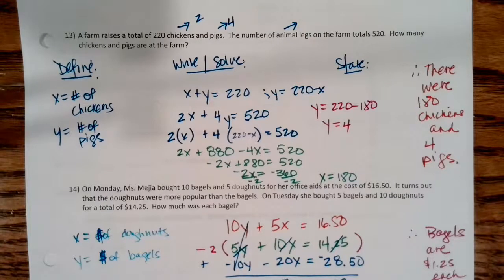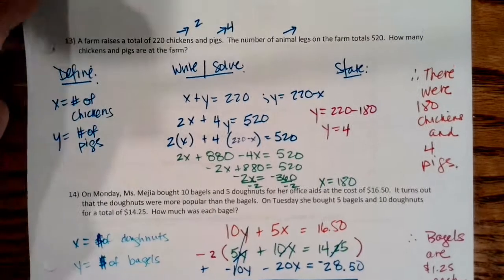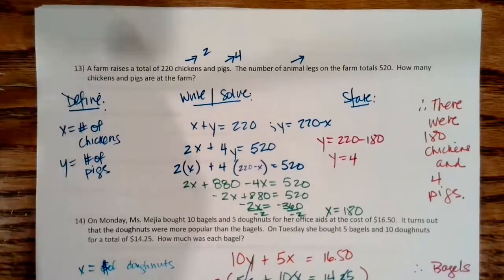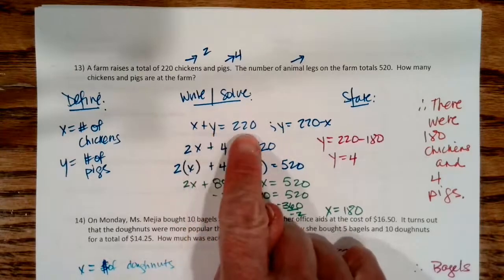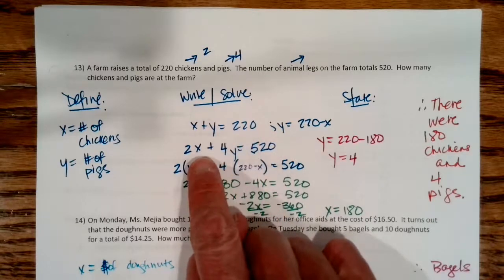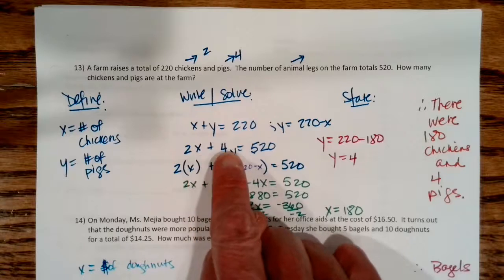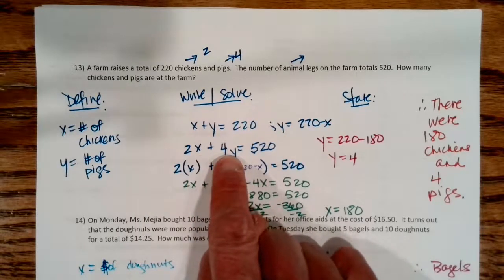For number 13, I thought this problem was hilarious. We've got a lot of chickens and pigs, and then we're counting the number of legs. So when I look at my number of chickens and pigs, I get 220 animals. There's 2 legs on every chicken and 4 legs on every pig. So we can put that in an equation.